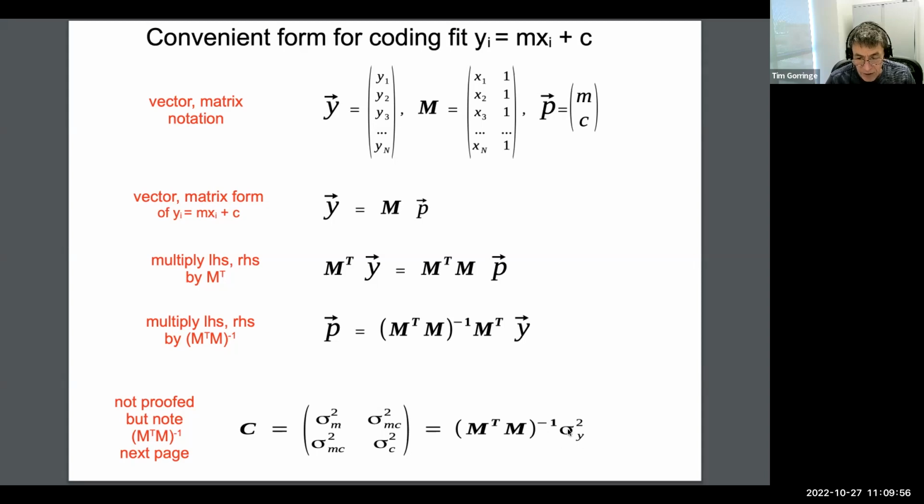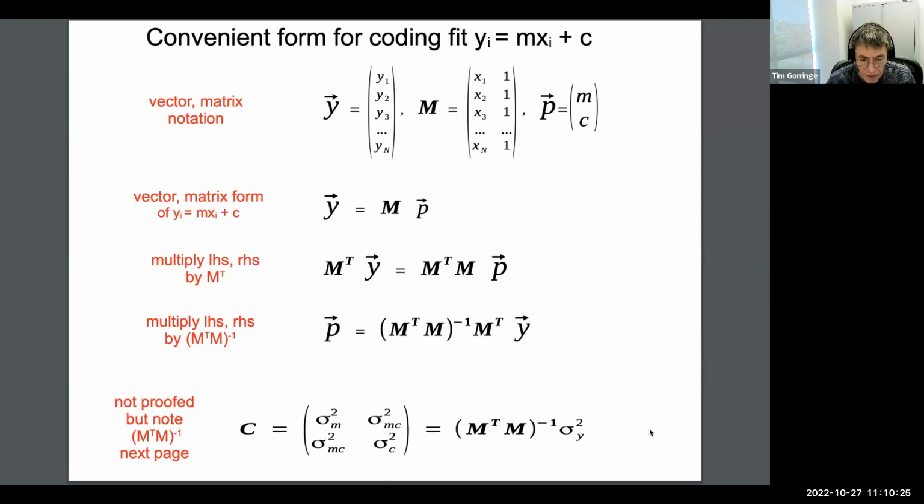So that's the sigma y squared, that's the variance in the data points, multiplied by this inverse of the product of the matrix M and its transpose. And so this equation yields the uncertainties that are associated with your best fit parameters. And so if you want the uncertainties associated with your best fit parameters, you just use this second equation here.